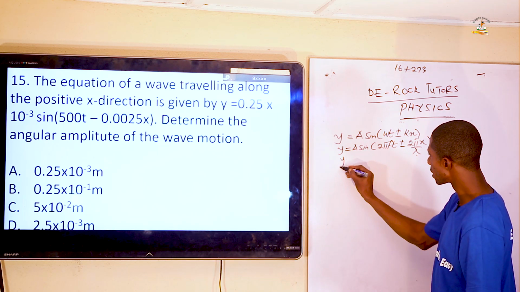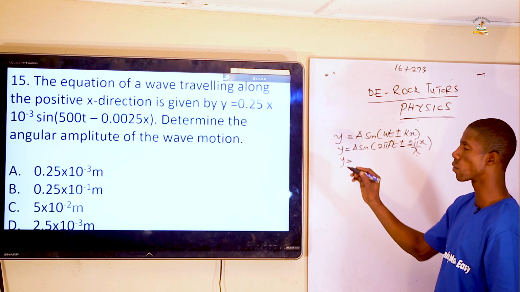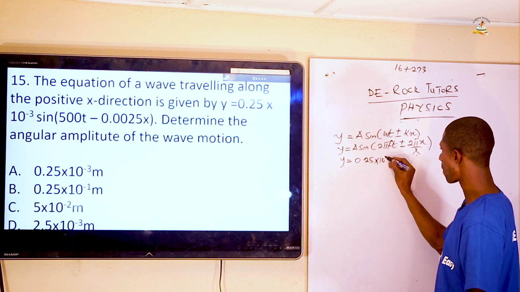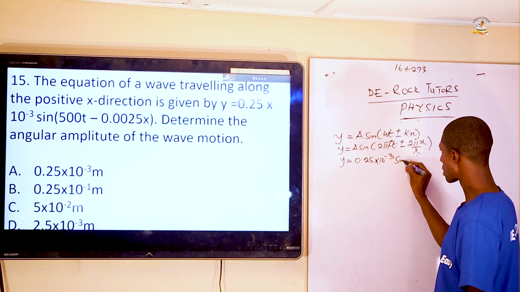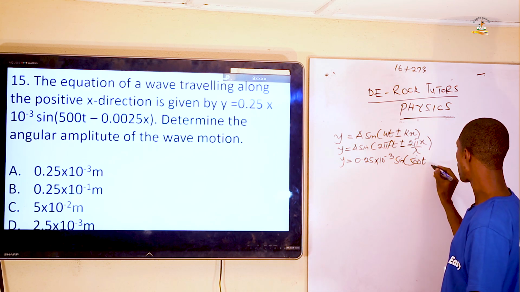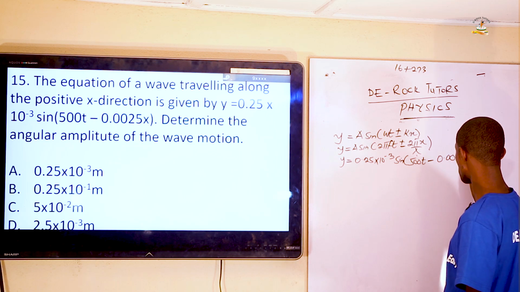So in the function given in the question, we have 0.25 times 10 raised to the power minus 3 sine into 500t minus 0.0025x.